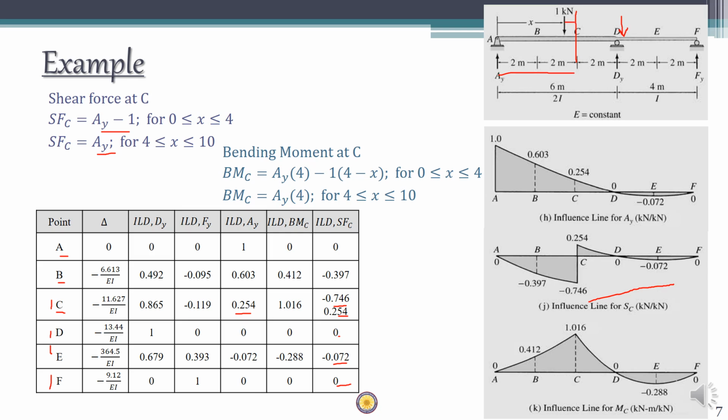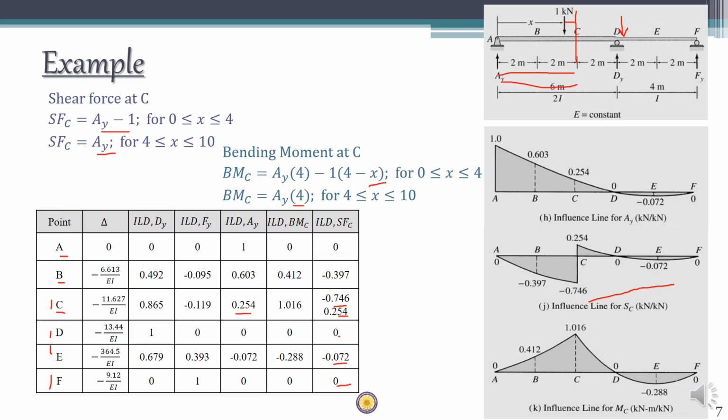So this is going to be the bending moment equation for the first case, when x is from 0 to 4. That is for points A, B, C, you have to use this particular equation. And once the unit load crosses C, the bending moment is going to be only ay into 4, because on the left hand side the unit load is no more there. So it's going to be ay into 4 only.